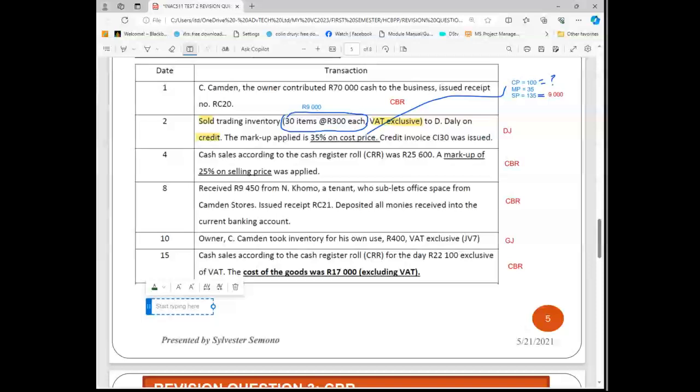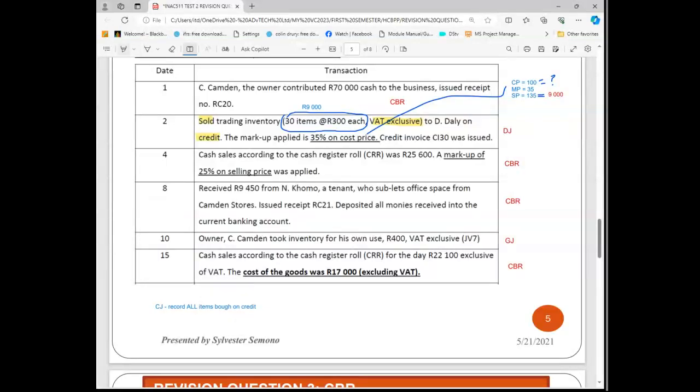Remember, in the creditors journal, we record all items bought on credit. Can you see what I said? I said all. Unlike debtors. For debtors, we said we only record what? Goods sold on credit.